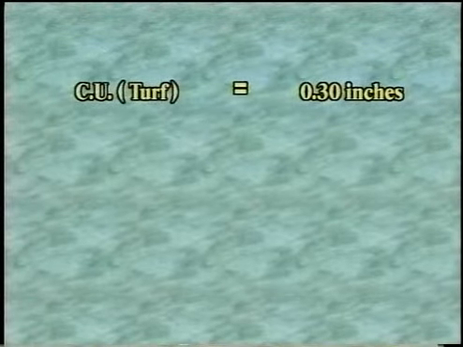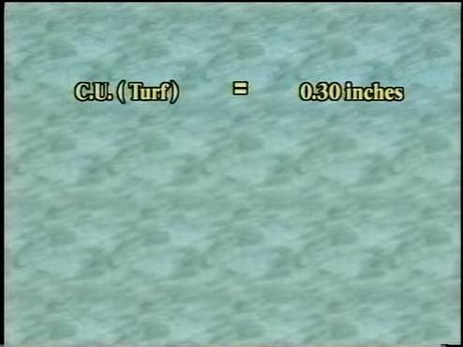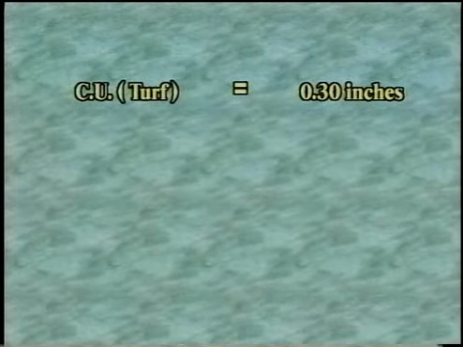So let's say that our consumptive use for turf on a given day equaled 0.30 inches. So we have consumed that much and we need to put that much back.